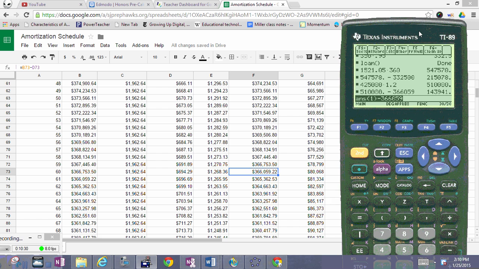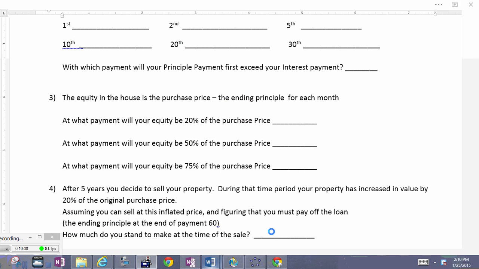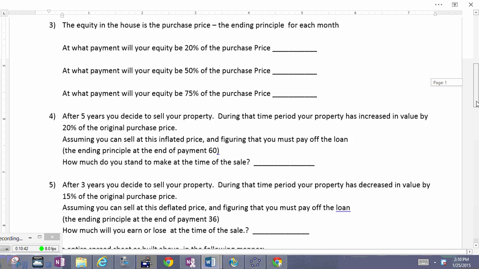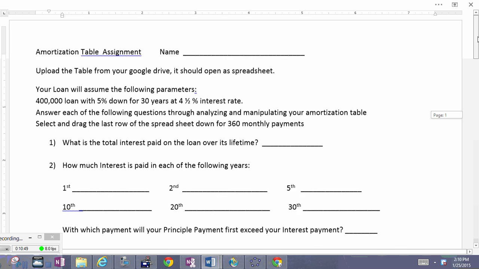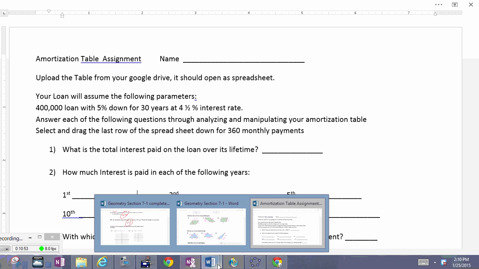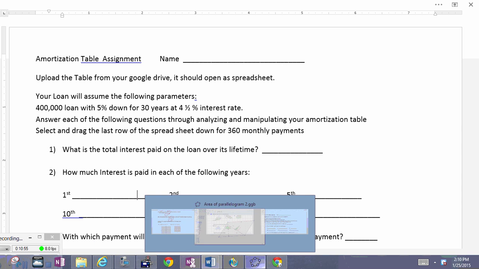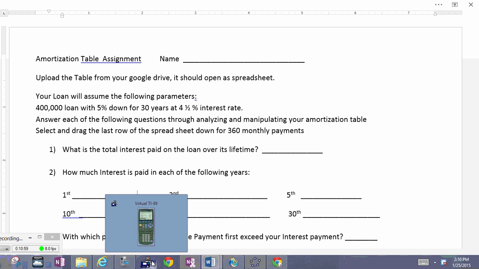Now, the flip side of that is assuming that you've had a loss in property value, which is what's addressed here. So in the second case, we're assuming that you had a 15% drop in the property value after 3 years. So we're going to address that and see if you are, well, you're probably going to take a loss. So let's see what that is going to actually look like.